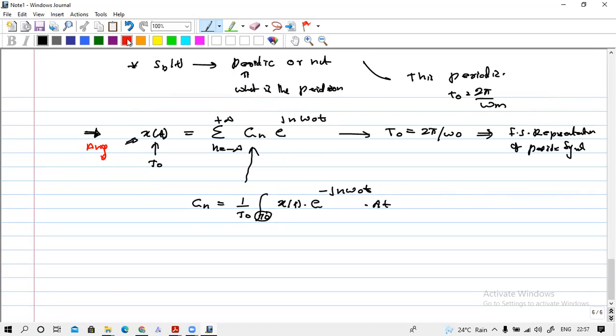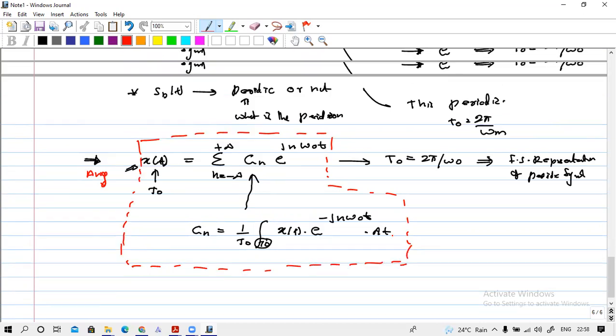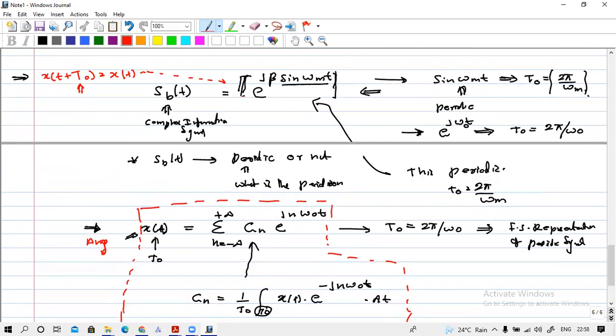Okay, so I think you can remember that this is the Fourier series representation of a periodic signal. Our baseband complex signal is also a periodic signal.